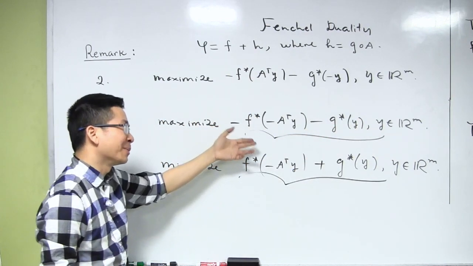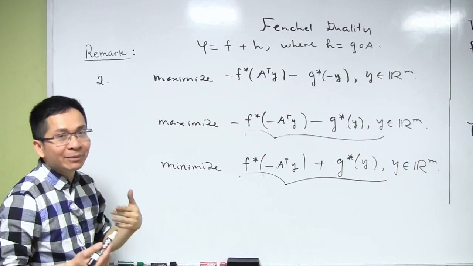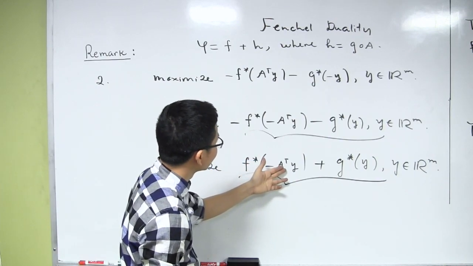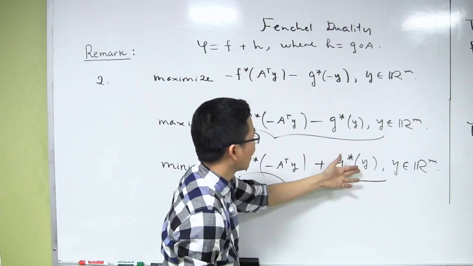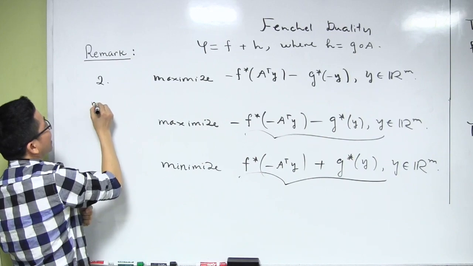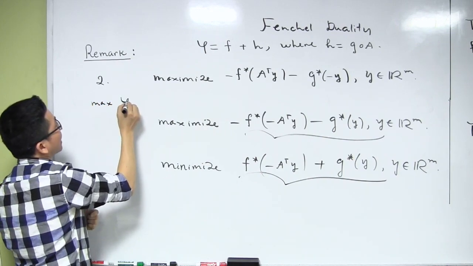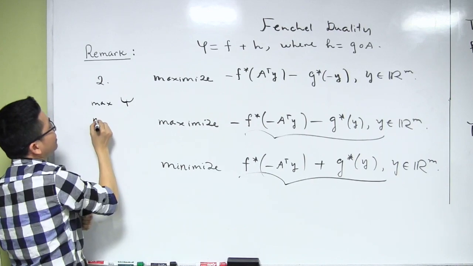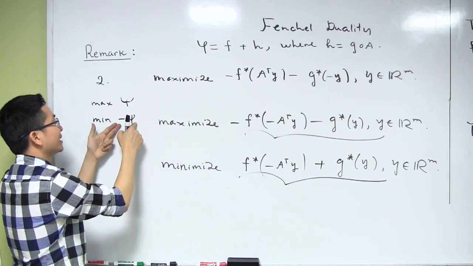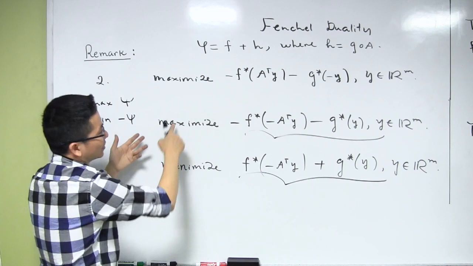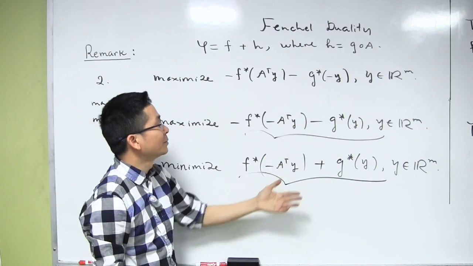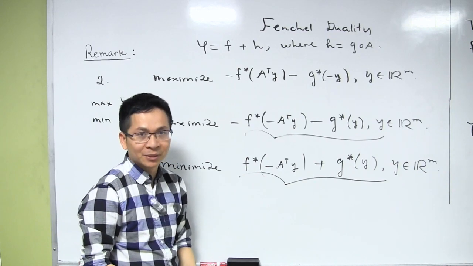And to solve this problem, we can solve a minimization problem, that is, minimize f star of minus A transpose times y plus g star of y. We just simply replace: if we want to maximize a function psi, we can minimize minus psi. So it depends on the problem. We can pick the appropriate form of the Fenchel dual problems.